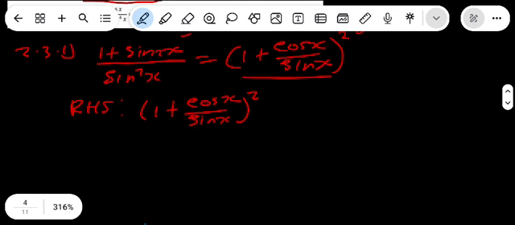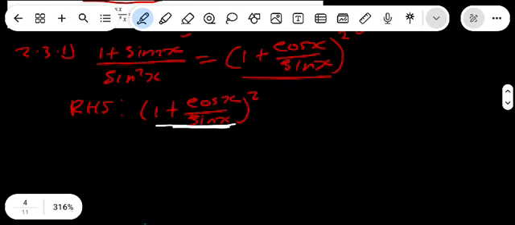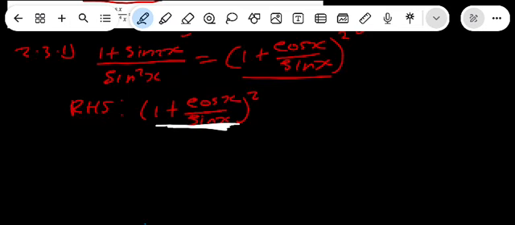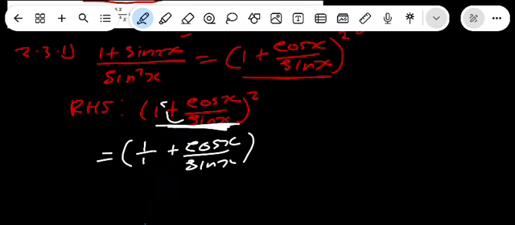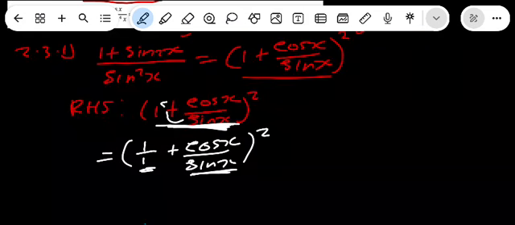All right, so now you have to know your math. You simply first solve what is inside. Remember, this is the same as 1 over 1 plus cos x over sine x, all squared. When you're dealing with fractions, you must have the LCD. The denominator must be the same.